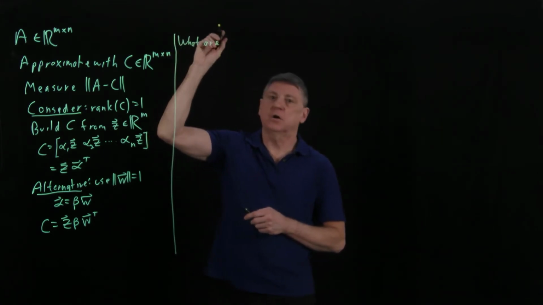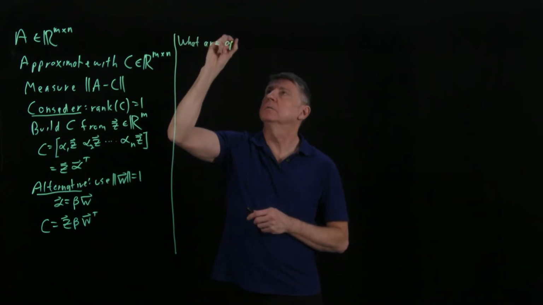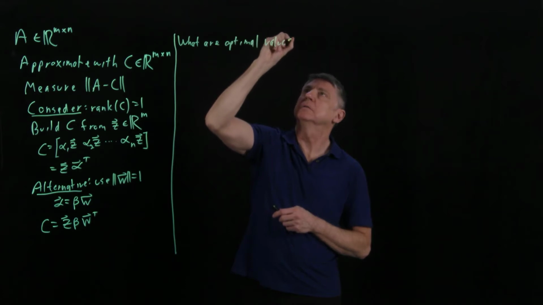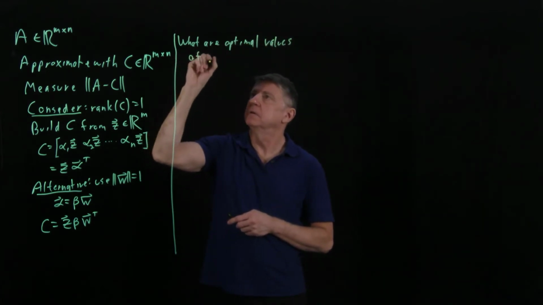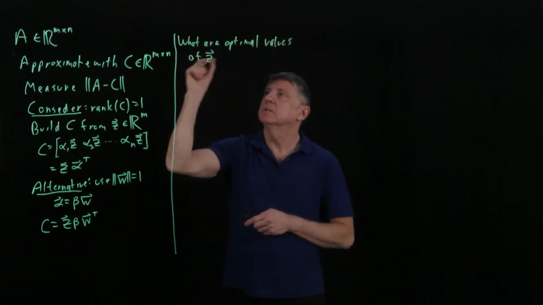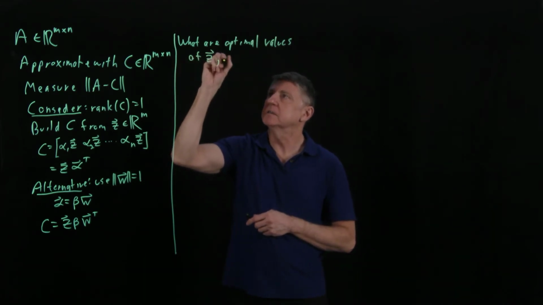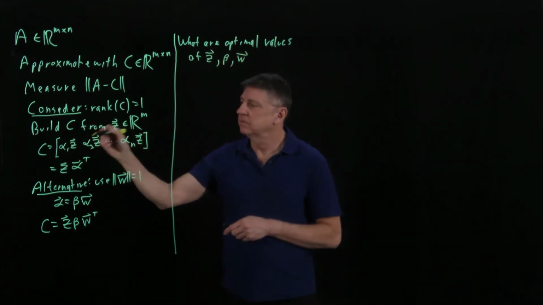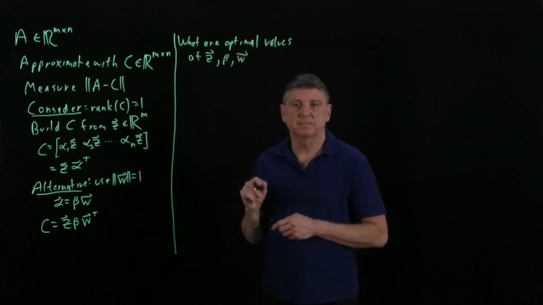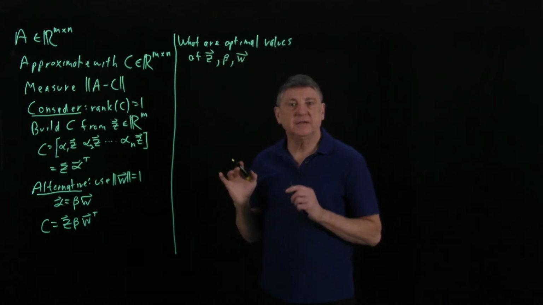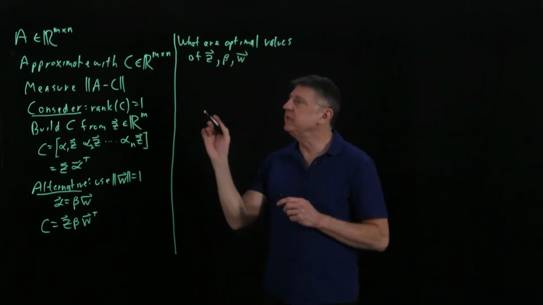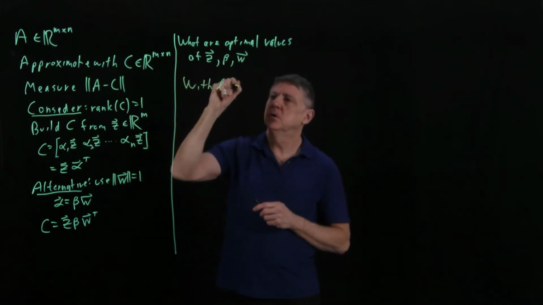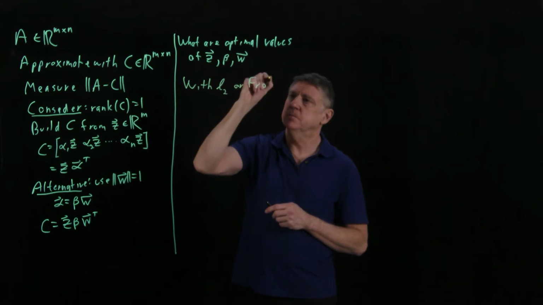What are optimal values of this constructor vector, this scalar, and this W vector?